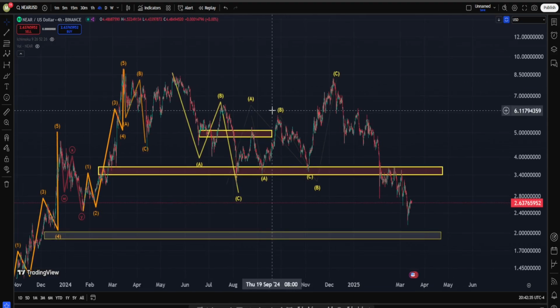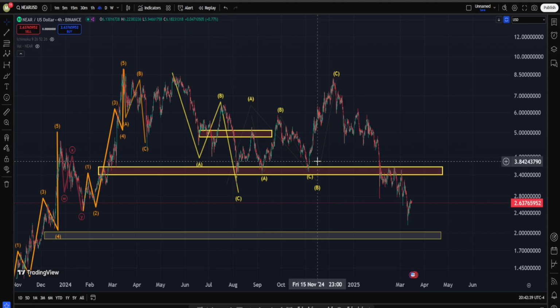Now, having said that, I think there is a chance that we may have in this area a WXY in the form of a zigzag followed by a double zigzag.